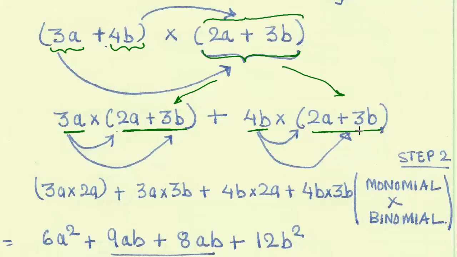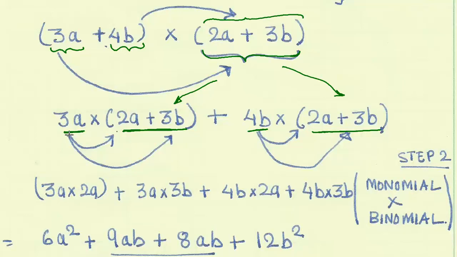Now step 2 is relatively simpler. All we do is multiply the monomial with the binomial using again the same distributive law of multiplication as we learned in an earlier example where we multiplied a monomial with a binomial.